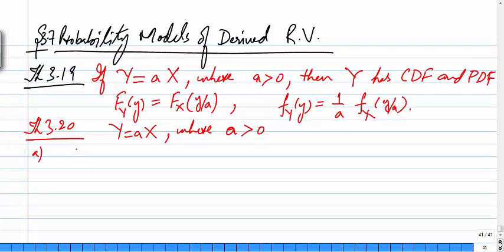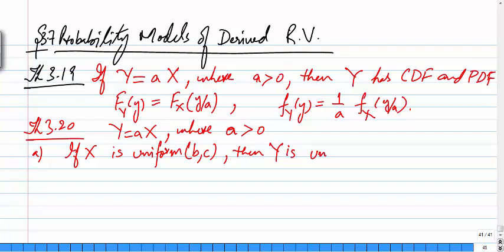First one, if X is uniform on B and C, then Y is also uniform. Only difference here is aB times aC.